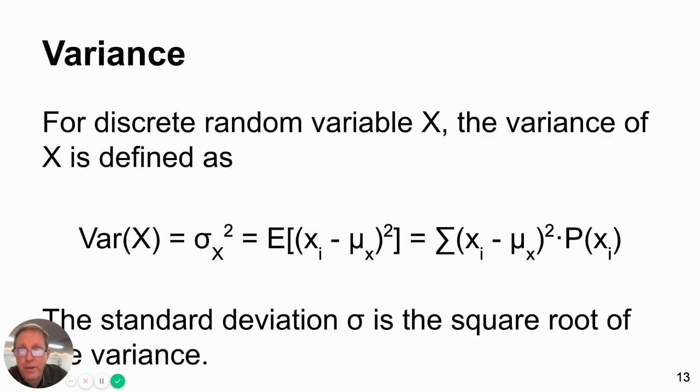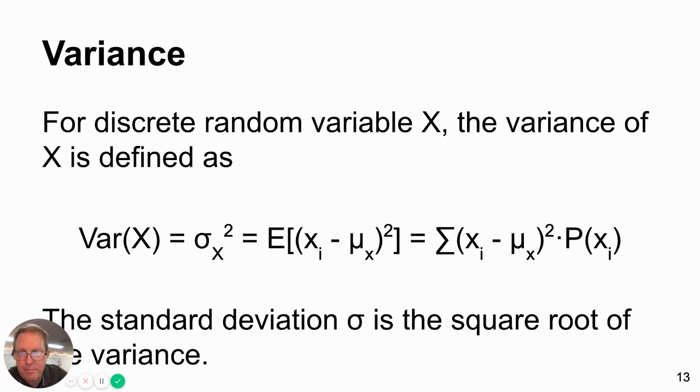Variance. For discrete random variable x, the variance of x is defined as, and here I have the definition of variance. So again, it uses the expected value operator, and so what I'm going to do is take each xi, subtract the mean, square that, multiply it by its probability, and do that for each xi, and then add them all up.